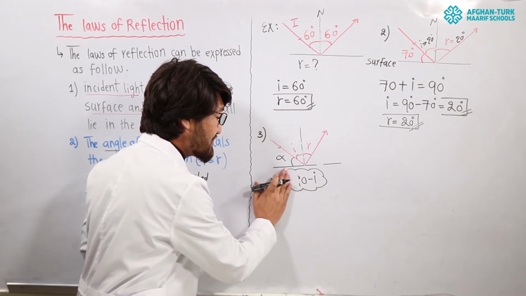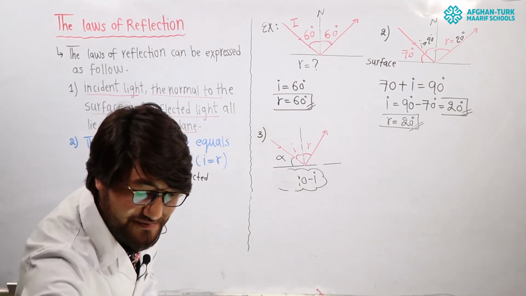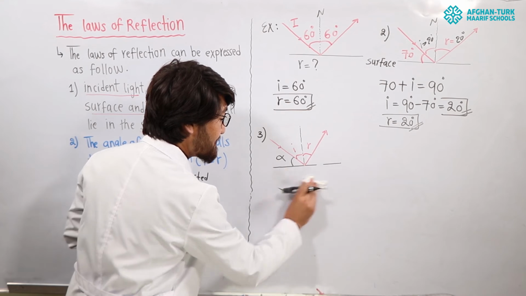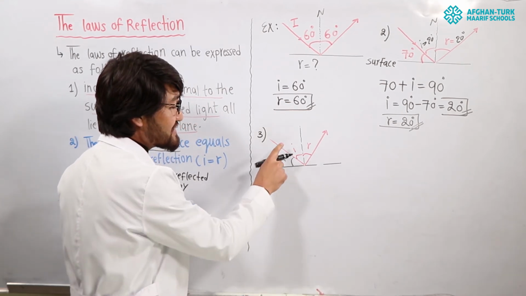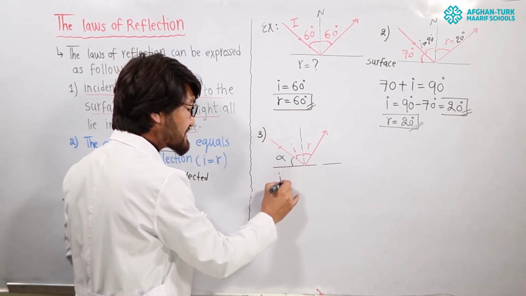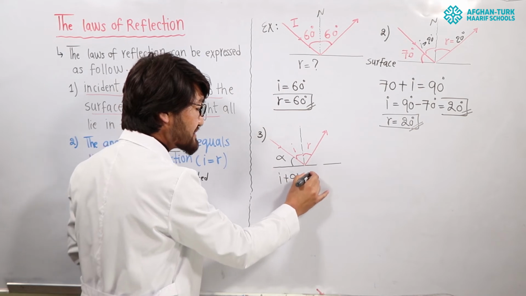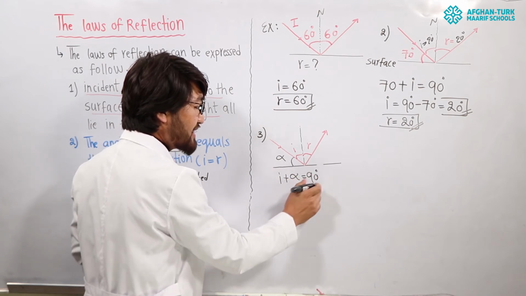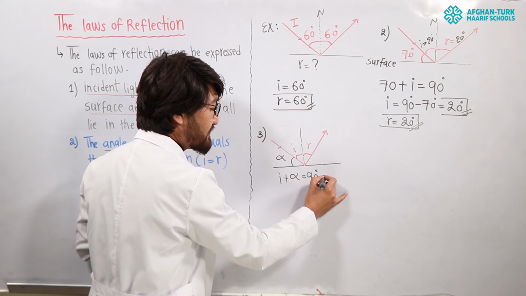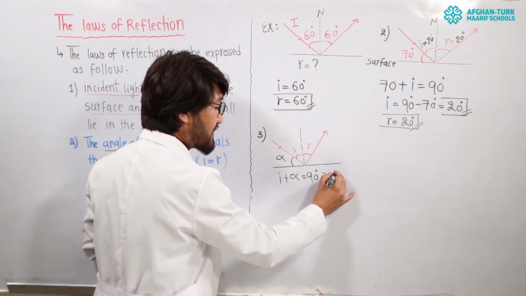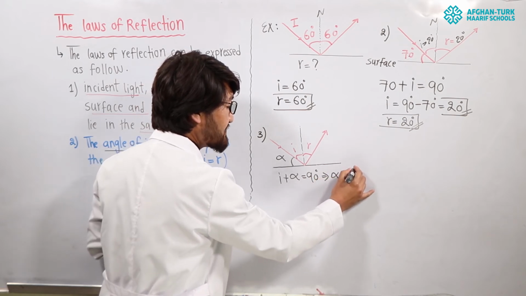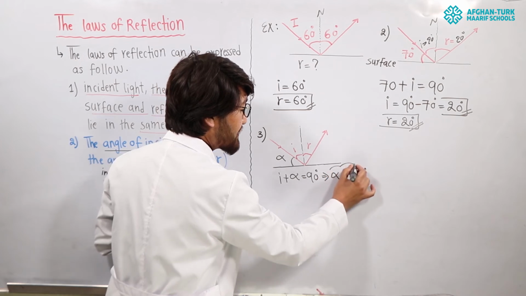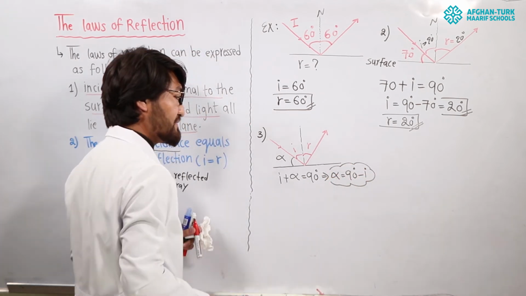Let me explain more. If you see this figure, I plus alpha is equal to 90 degrees. If I find alpha, alpha is equal to 90 minus I. From this formula we can find alpha.